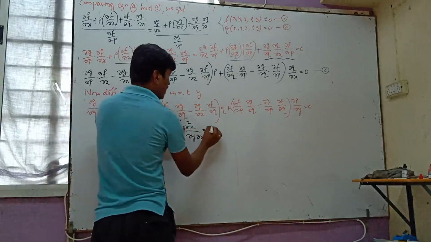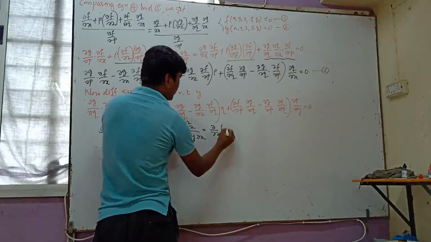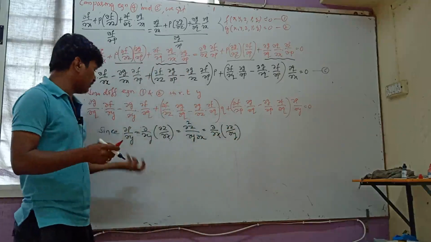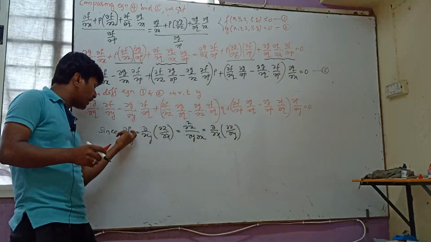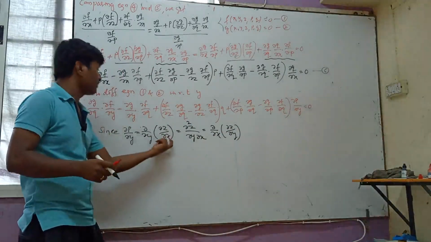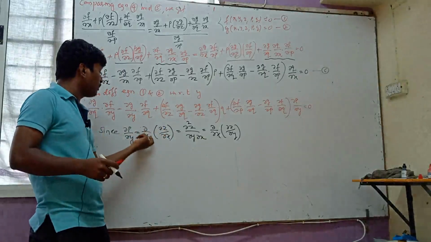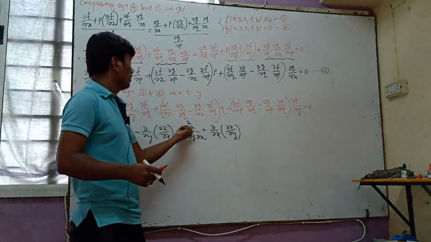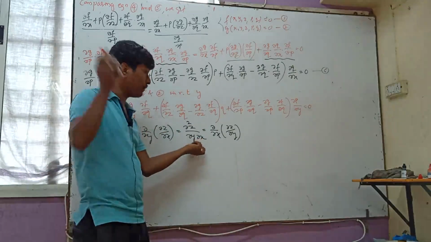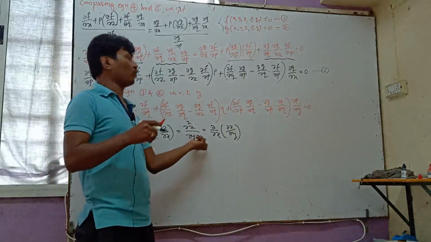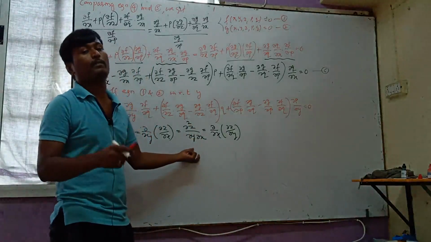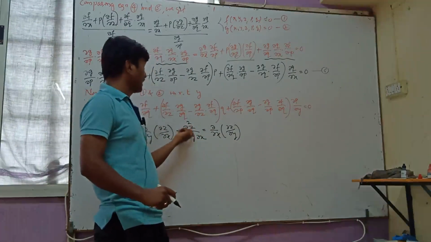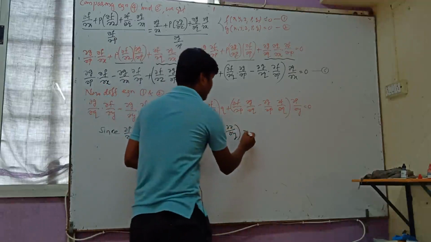I will write this as dou by dou x of dou z by dou y. Because dou by dou y of p is dou z by dou x, and dou z by dou x into dou by dou y can be written as dou square z by dou y dou x, and this is always equal to dou square z by dou x dou y, because it is Young's theorem. Commutative property holds good in the partial derivatives.